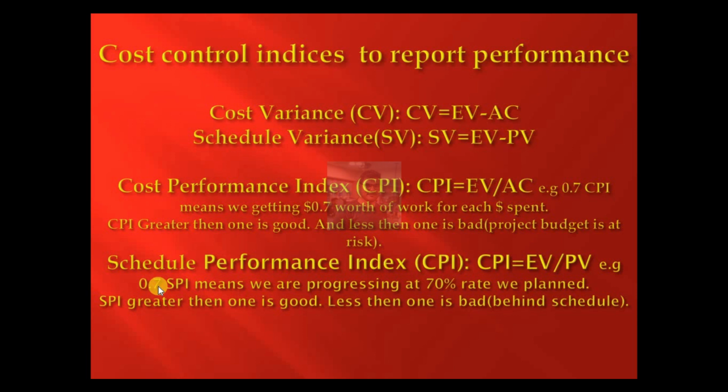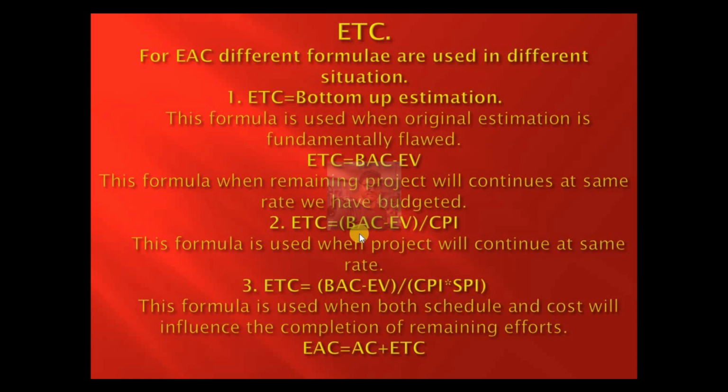It means at what rate we are progressing. For example, 0.7 SPI means that we are progressing at 70% of the rate we planned. SPI greater than 1 is good because it means that we are ahead of schedule, and SPI less than 1 is bad. It means that we are behind schedule.